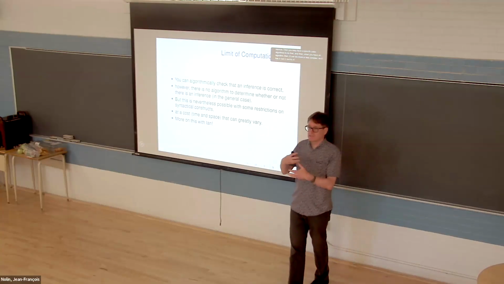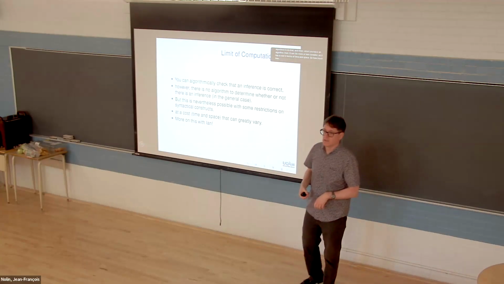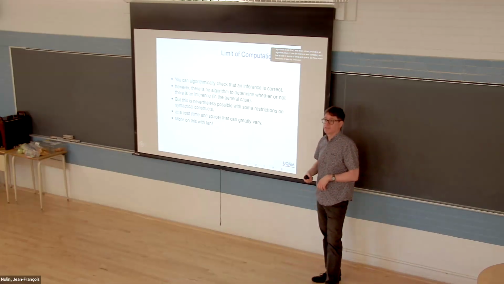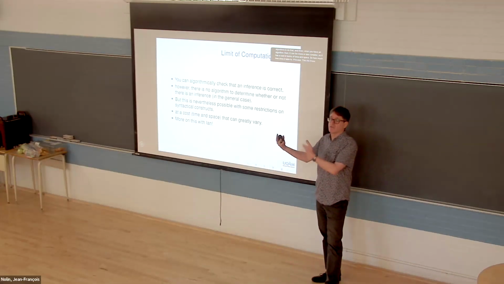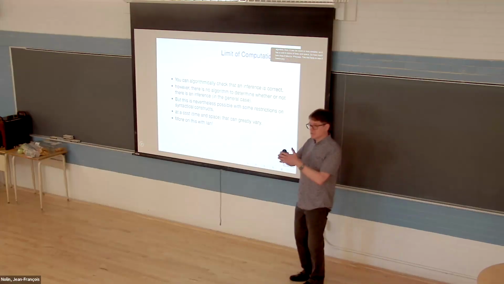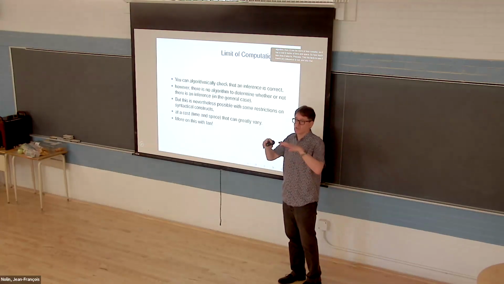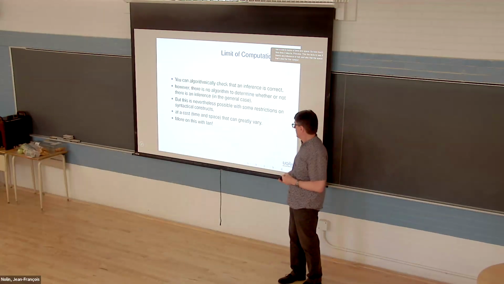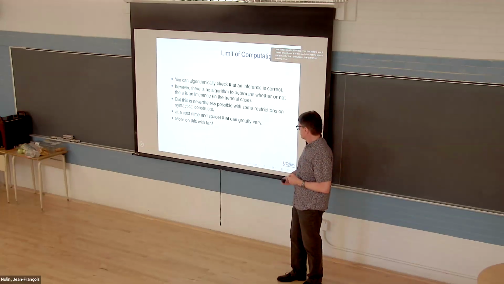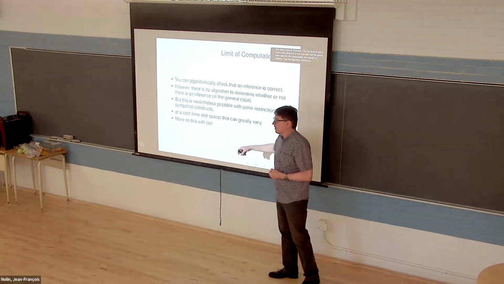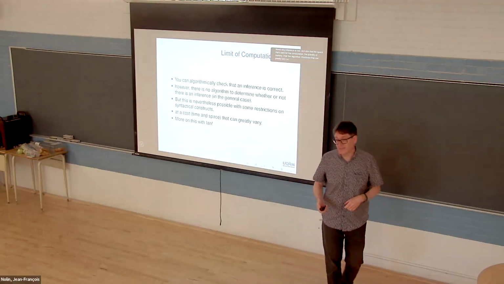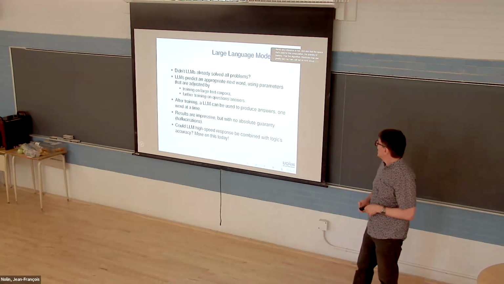How much time does it take to process these facts to see if there's an inference or not? And also the space used for the computation, the quantity of memory that the algorithm will use, can greatly vary. Ian will tell us more about these kinds of things.